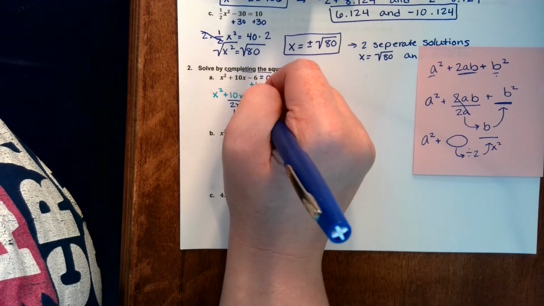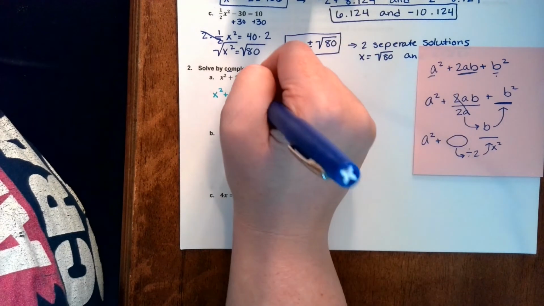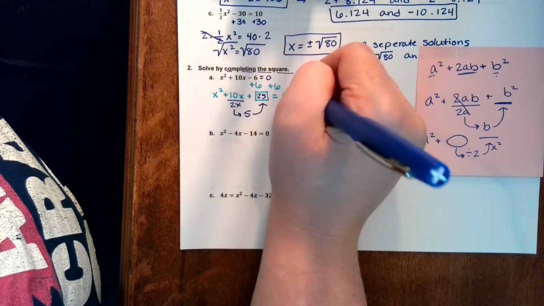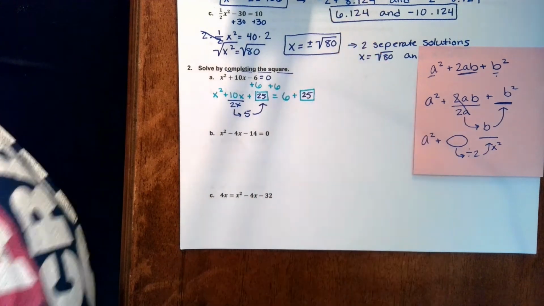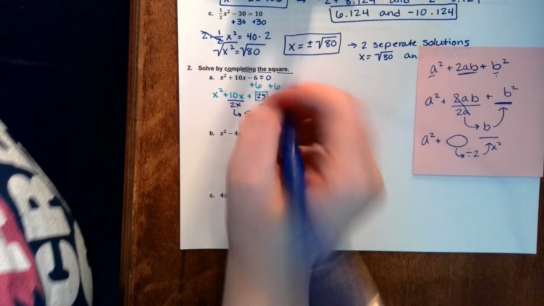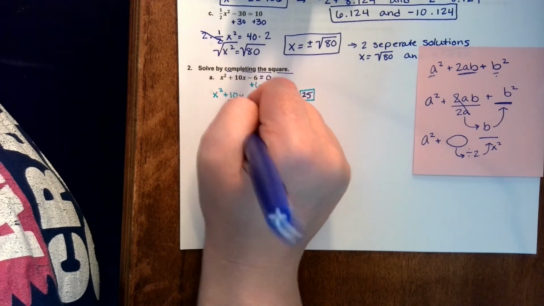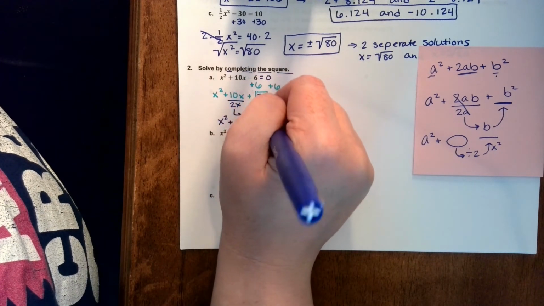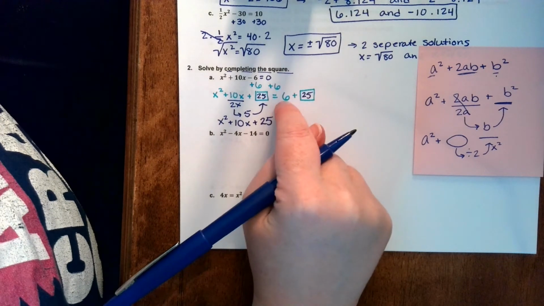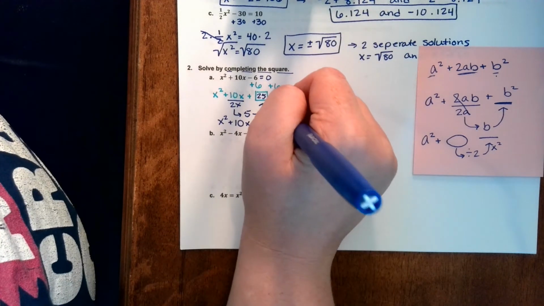And if I square that, that becomes 25. So what I have now is x squared plus 10x plus 25 equals, and then 6 plus 25 is 31.